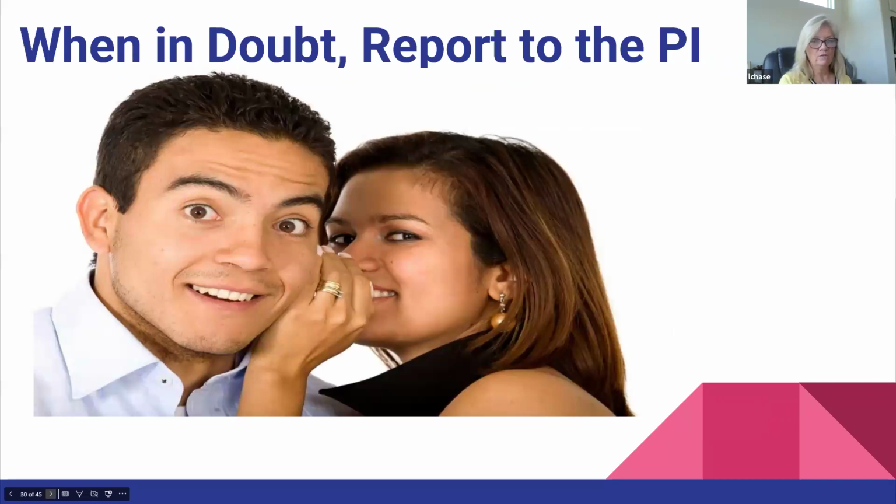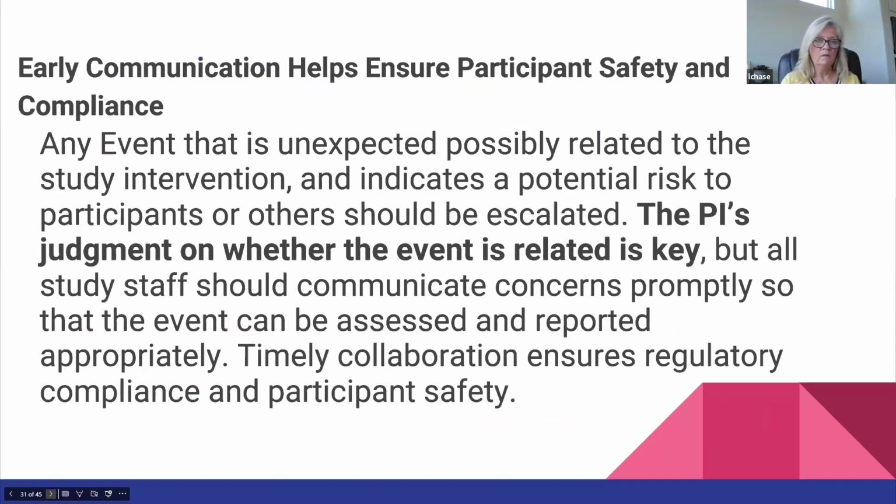So when in doubt, make sure that you report it to the PI. The PI is the one that's going to classify the seriousness of it and whether it needs to be reported or not, so if it moves from that AE to that SAE. Early communication helps ensure participant safety and compliance.